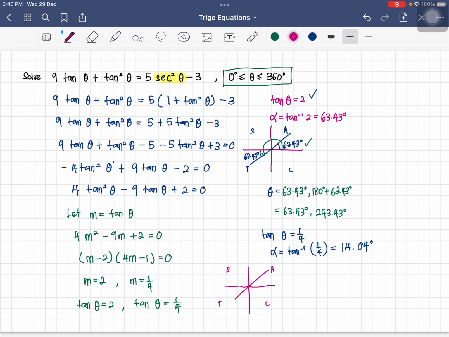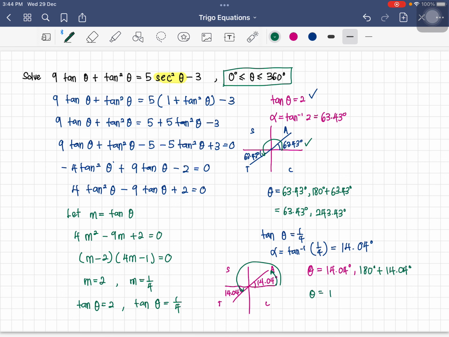My basic angle would be here and also here, 14.04. The first solution for theta in this case is 14.04 degrees, which is from this to this one. The second one is from this to this, therefore we add 180 plus 14.04 degrees.